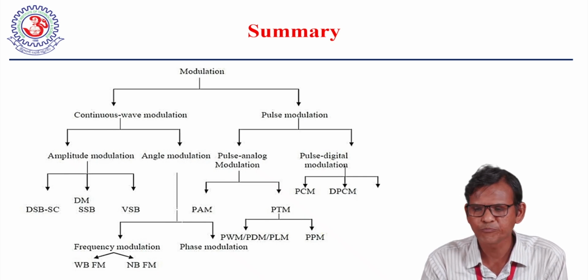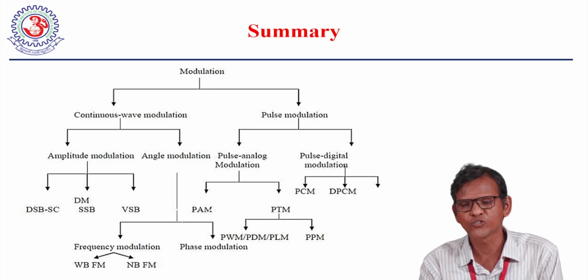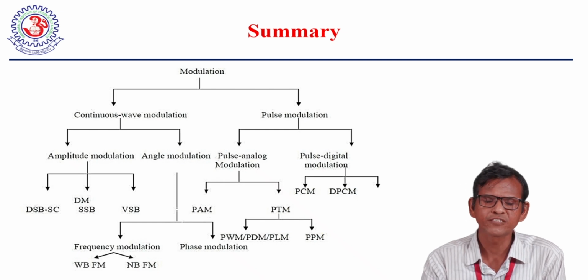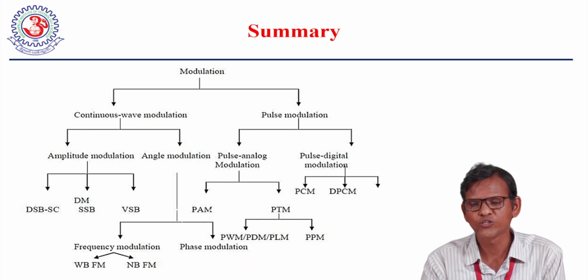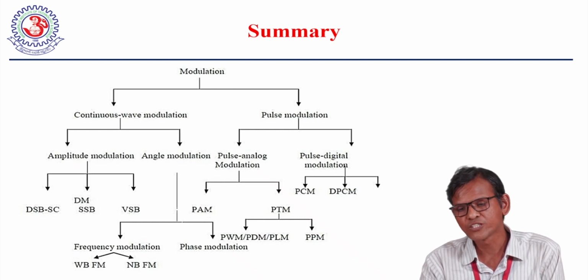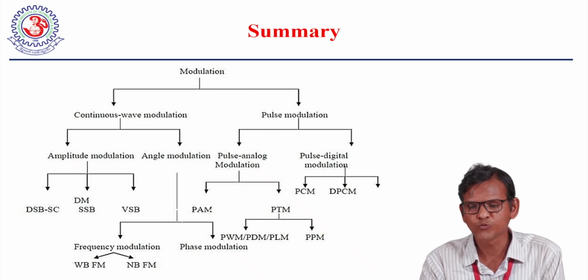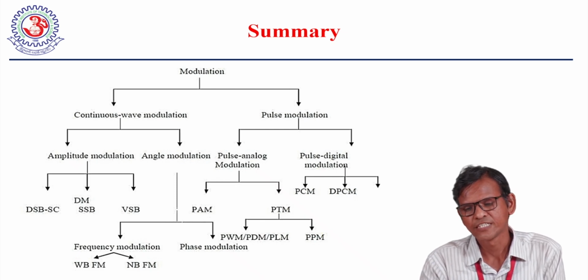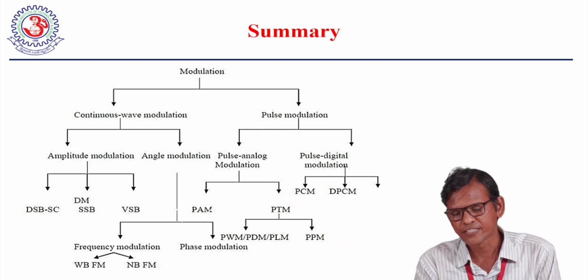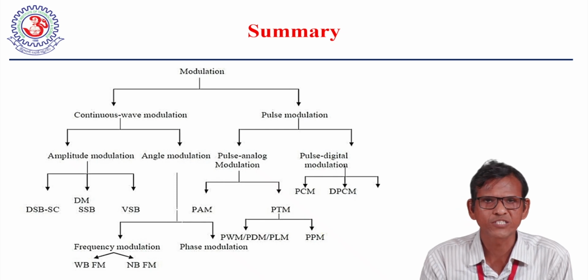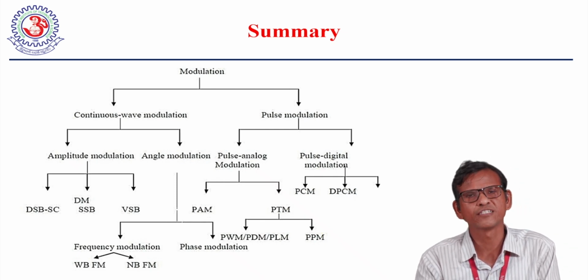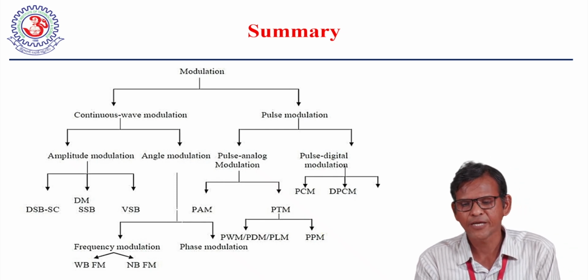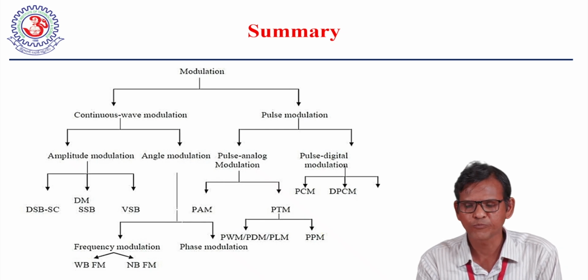One is continuous wave modulation, the other is pulse modulation. In continuous wave modulation, we have discussed amplitude modulation and angle modulation. In angle modulation, there are two types: phase modulation and frequency modulation. But people used to say that in continuous wave modulation we have AM, FM, PM: amplitude modulation, frequency modulation, phase modulation.